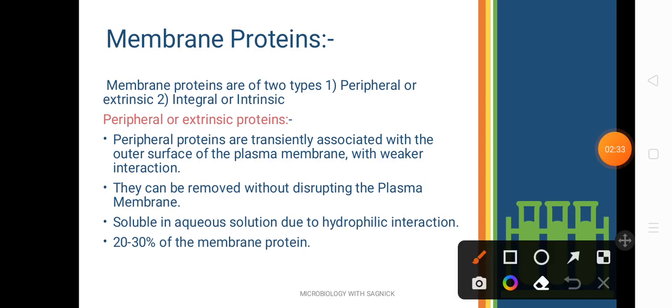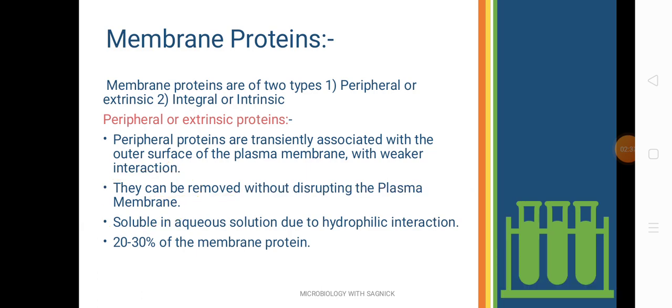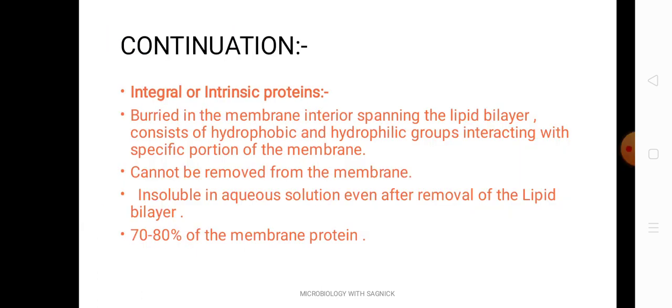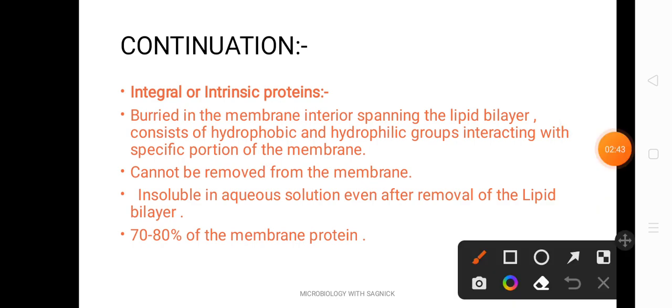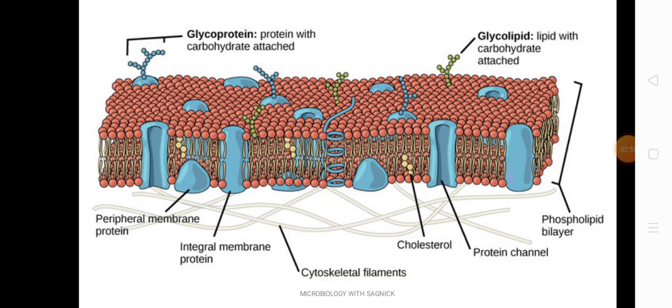And interestingly, peripheral proteins can be removed without disrupting the plasma membrane. We have already discussed this kind of thing when we talked about the gram-positive cell wall. There we also talked about how we can remove some kinds of proteins without disrupting the membrane, and peripheral proteins are one of them.